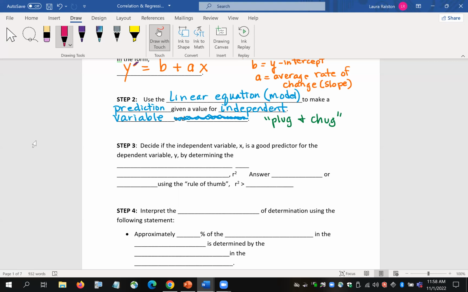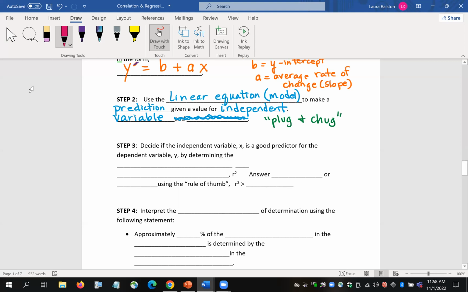So we have to stop and think, well, yeah, we've developed this relationship, but is this relationship a good one? Is using ice cream sales a good predictor for murder rates? Is using the amount of advertising good for predicting the amount of sales?